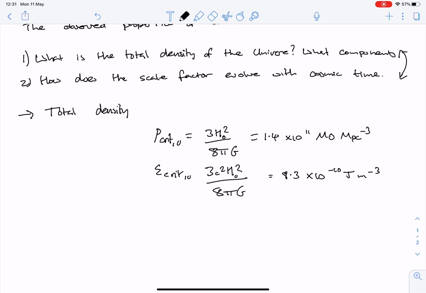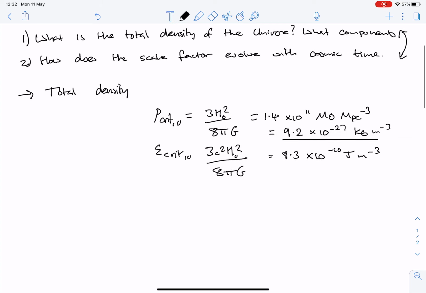Now these numbers look huge, right? 10 to the 11, 100 billion solar masses per cubic megaparsec. But let me turn that around and put this into a perhaps more familiar number, kilograms per meter cubed, in SI, 9.2 times 10 to the minus 27 kilograms per cubic meter. In other words, the critical density is a few protons per cubic meter.